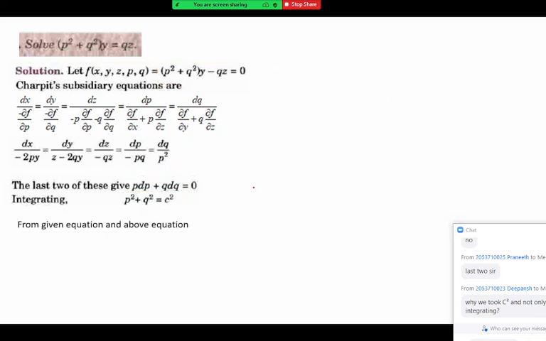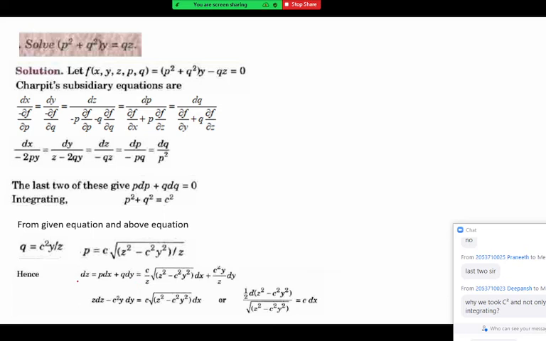You'll observe you got these P and Q values that I already showed, and this z is actually outside the square root. So we are putting that in dz equal to P dx plus Q dy. This is the value of P we already saw, and this is the value of Q already seen.